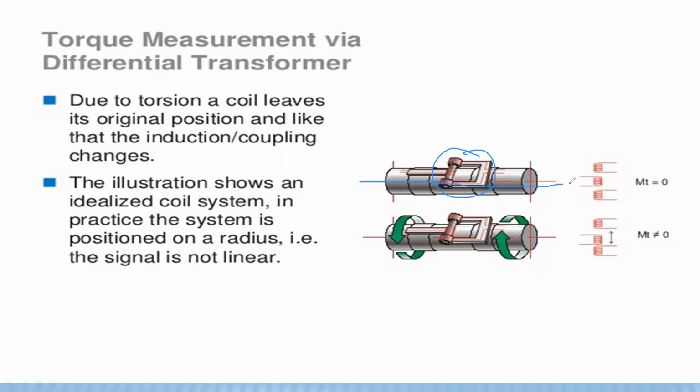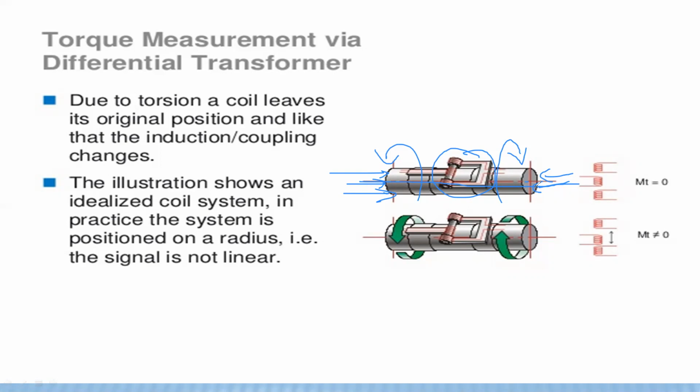Whenever forces are applied on that object, suppose this type of forces are acting on that body, the body should be rotated. The body should be twisted. In that twisted motion, the torque is developed. The induction coil is arranged on this object.